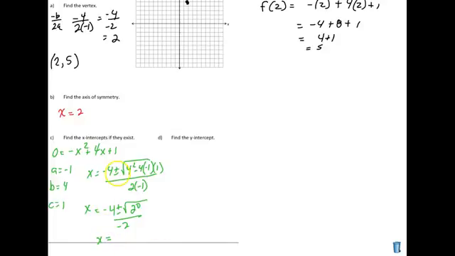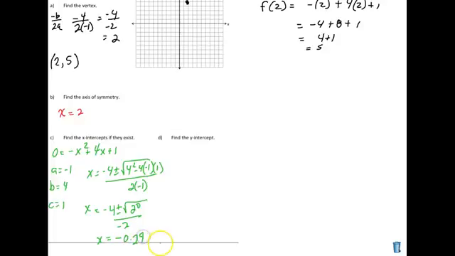So the first one I'm going to do is negative 4 plus the square root of 20. I'm just typing them into my calculator here. Negative 4 plus the square root of 20, and then divide that by negative 2. And I get a really small negative 0.24.